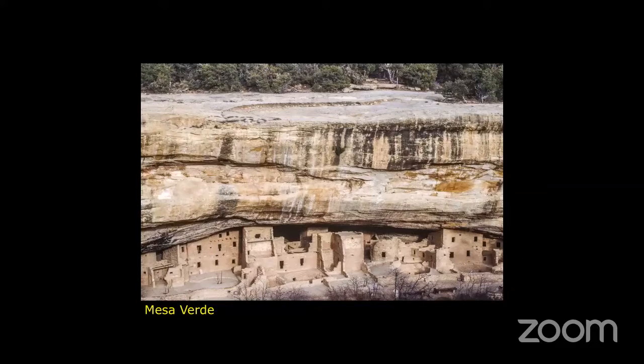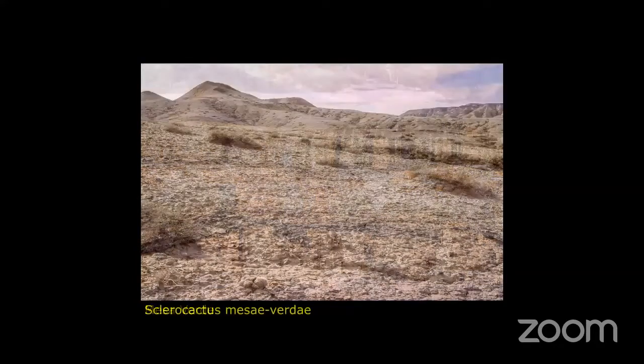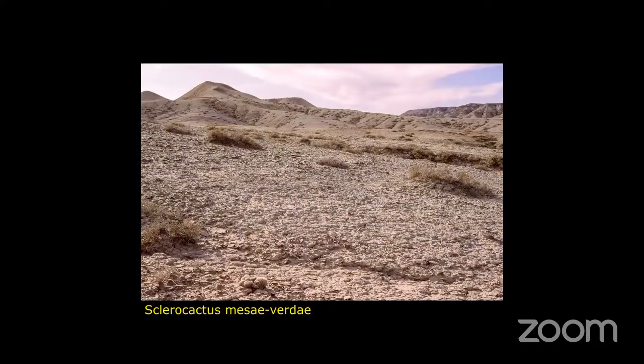And so the next plant we're going to see is actually named after Mesa Verde, and that is Sclerocactus mesae-verdae. We see it here growing on the most unusual geologic formation, which is the Mancos mudstone. It's one of the only plants that can survive on this formation, as you see here, and it's a most unusual type of formation for a cactus, especially to be growing in a mudstone.